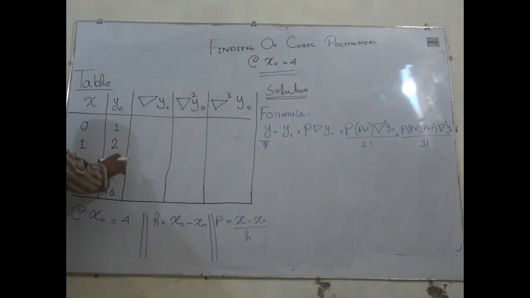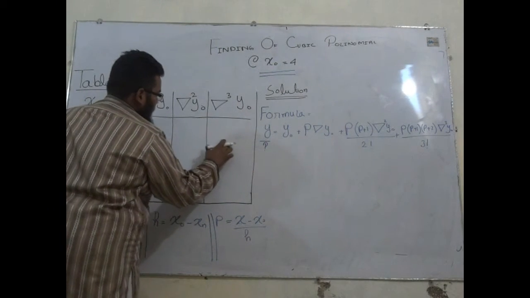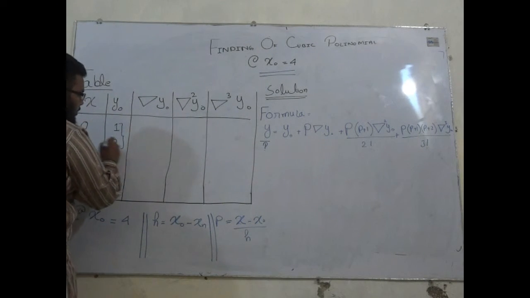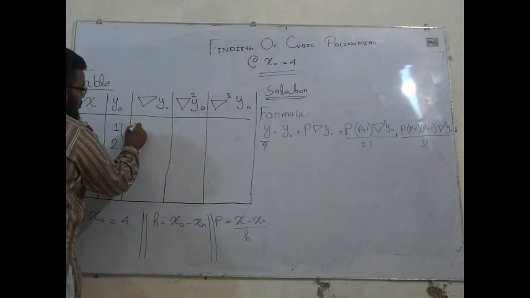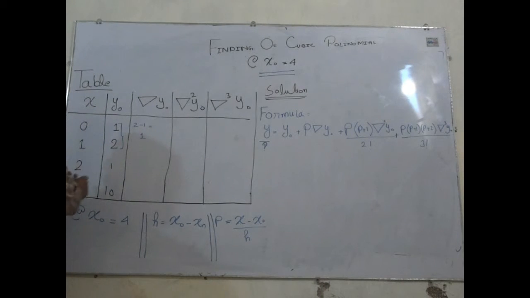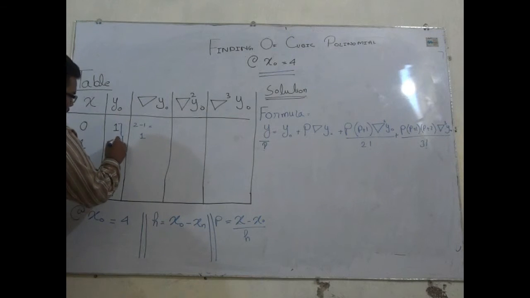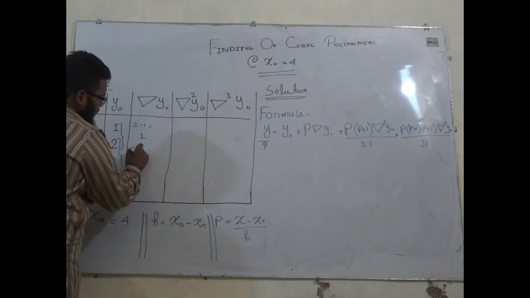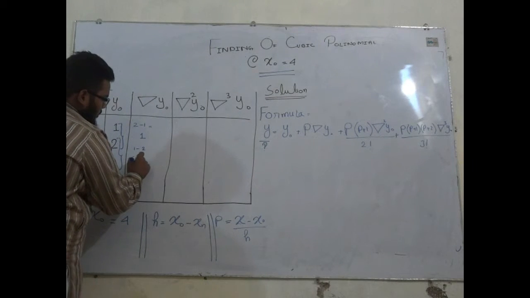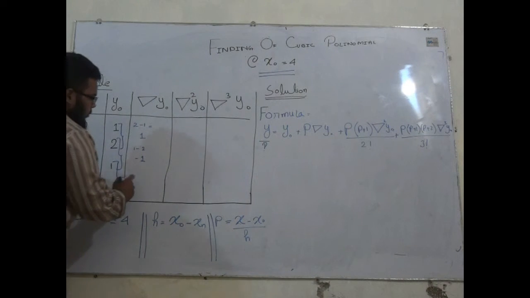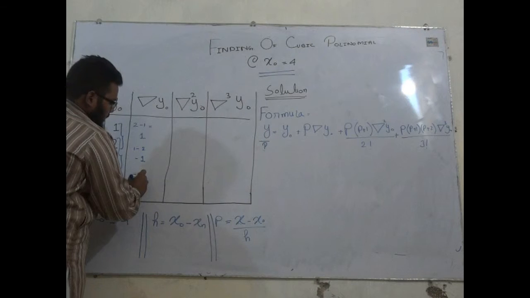So I am going to make some kind of table here where delta y0 is the difference of these two values, means 2 minus 1 is equal to 1. Okay, and then the second difference will be 1 minus 2, which is equal to minus 1, and the third, 10 minus 1, which is 9.